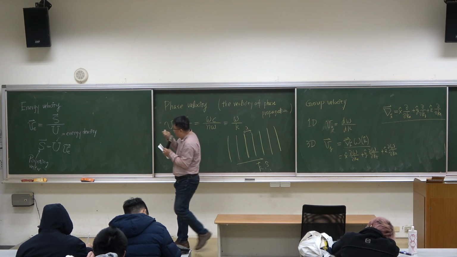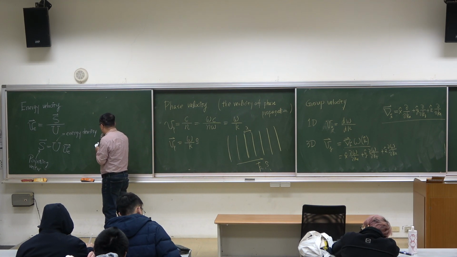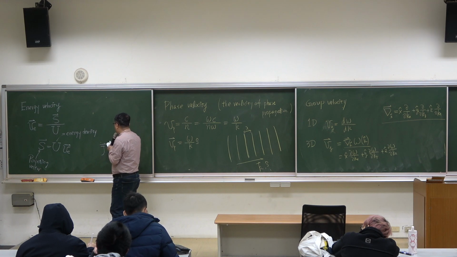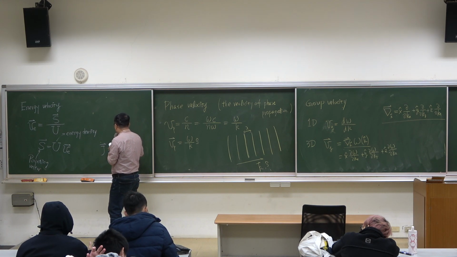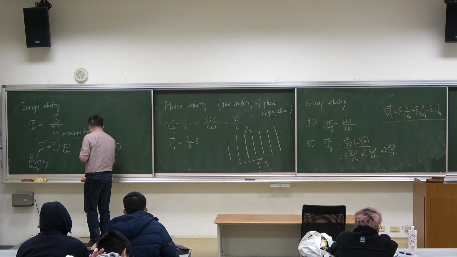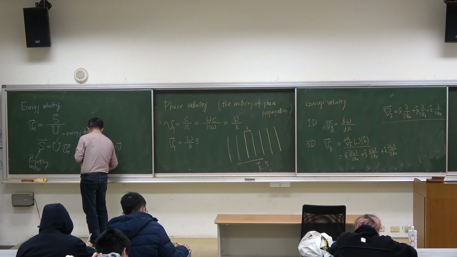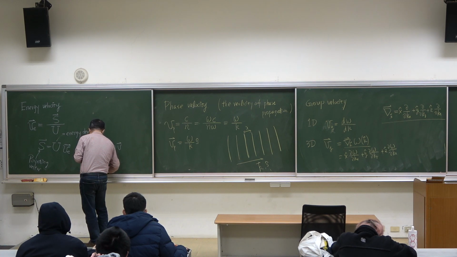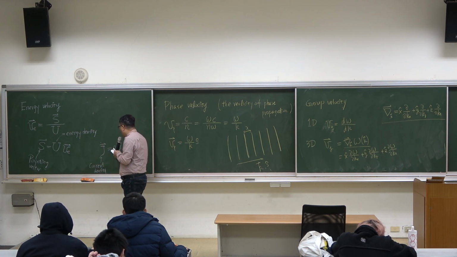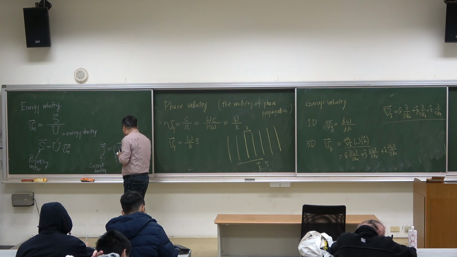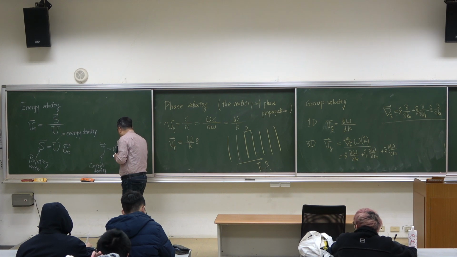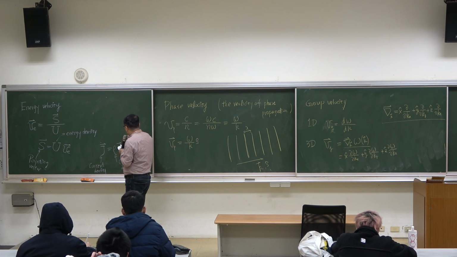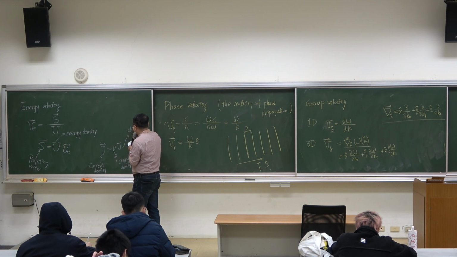Just like in the charge case, you have J equal to rho times V. Here J is the so-called current density, and rho is charge density. And this V is called drift velocity.